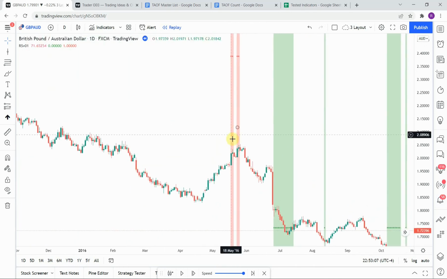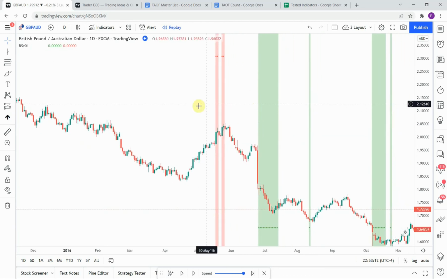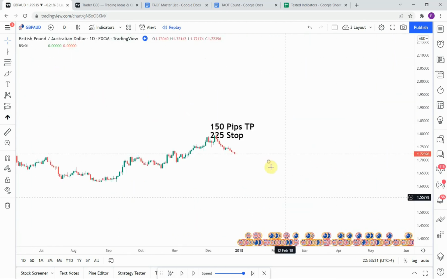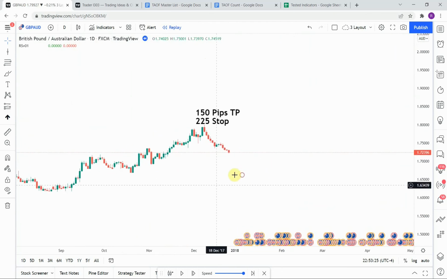On the reverse side, we look for the red shade there and the red dots. That means that the price action is in the overbought area, and we would look for that red to disappear, and then we would go short. So that's what we're looking for. Let's go ahead and get on with the testing and see what we can get out of this.